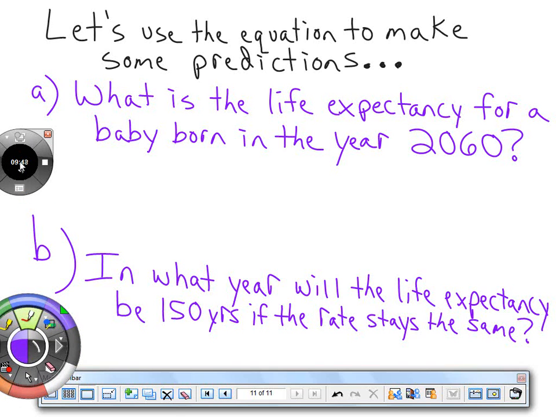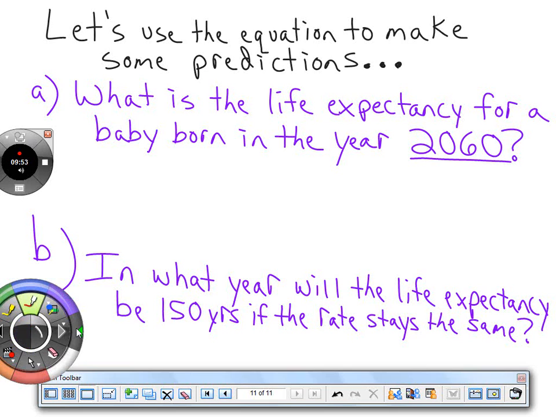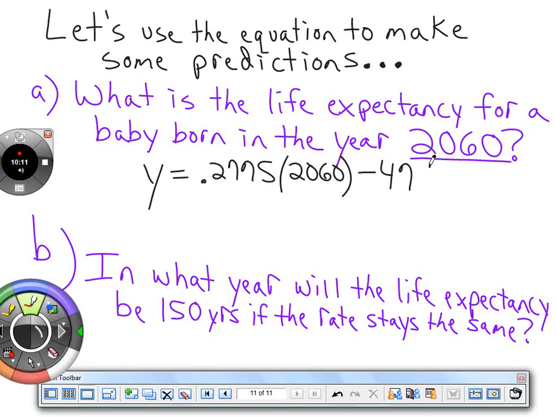So since we're talking about the year 2060, we'll have to know, should we plug that in for the x or the y? Because our years were the x, we'll plug that in for the x. So we're going to say y equals 0.2775. We're going to plug in 2060 for the x, and then solve for y.